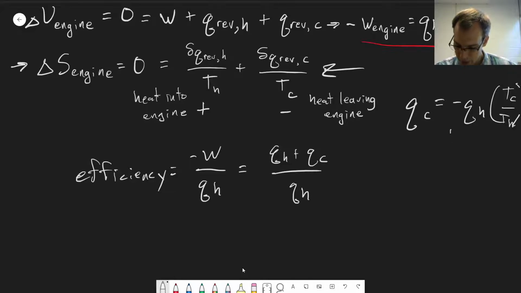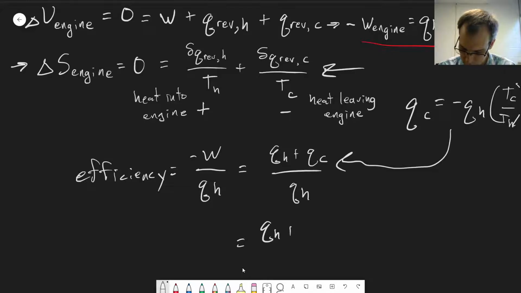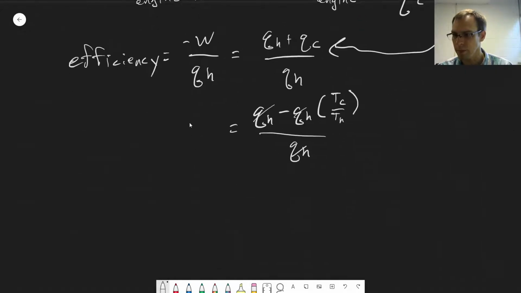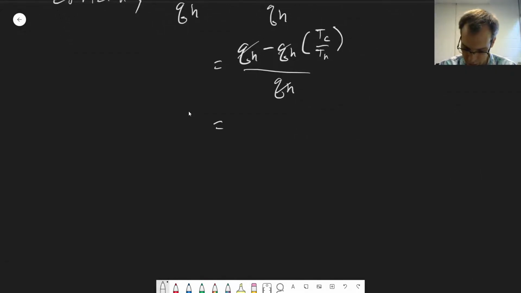So if we plug this in to here, we can write everything in terms of QH and temperatures. So we'll get QH plus, not plus, minus, QH times TC over TH, divided by QH. But now we have a bunch of QH's, those all cancel.